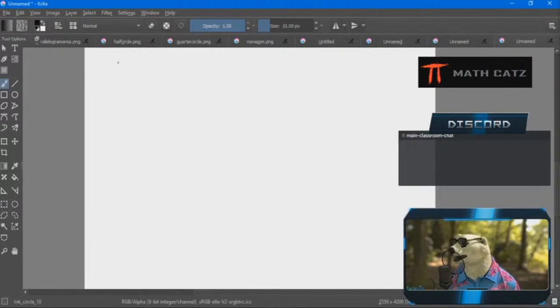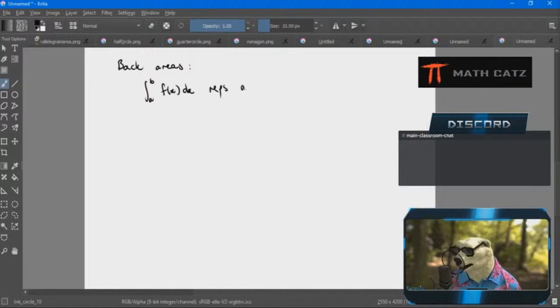Let's now go back to the area concept that is linked to this definite integral. We said that the definite integral a to b of my function represents the area under the graph f of x on a to b.